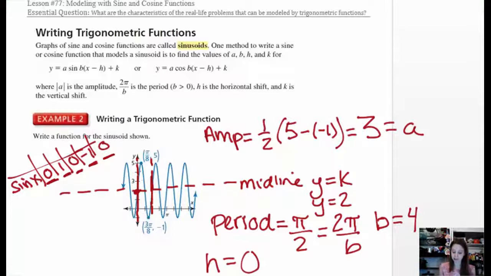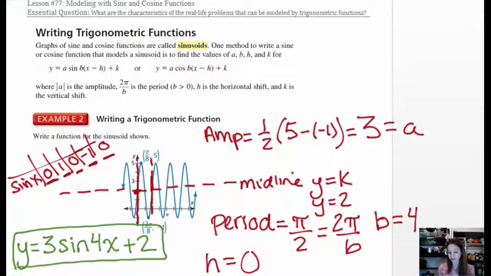I have all the information I need to write my function. We have y equals the amplitude 3. I'm using sine of 4x plus 2. And if I wanted to check it, I could put it in a graphing calculator to see that I get this graph.